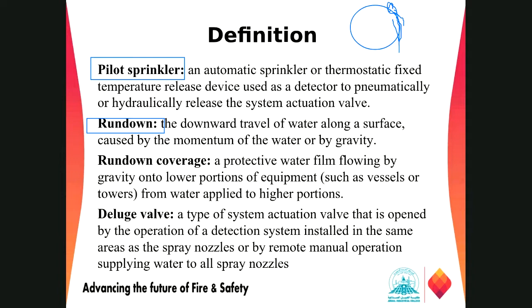If the water comes to this location, it will flow all around the bottom and then downside. We call it the rundown. And the deluge valve is the same one we discussed in the sprinkler system, the same deluge valve with different equipment and a different principle here.